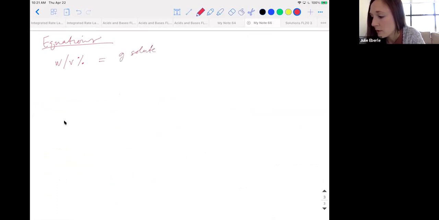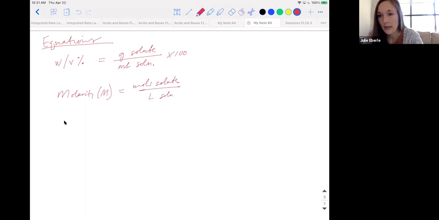If it was volume per volume, it's just milliliters of solute per milliliters of solution times 100. We have the equation for molarity, which is a capital M, and that is moles of solute per liter of solution, and no times 100 there.